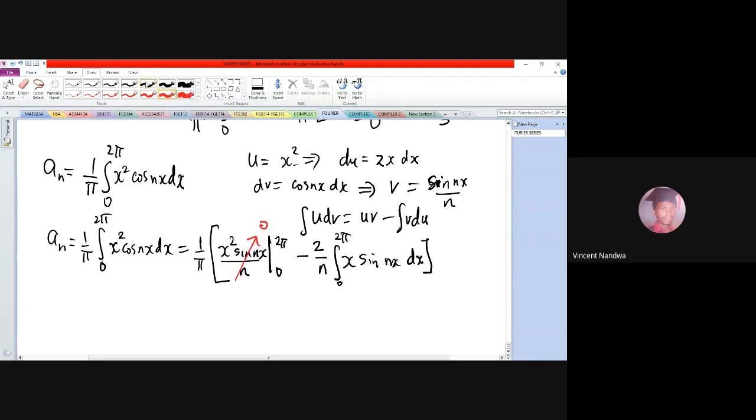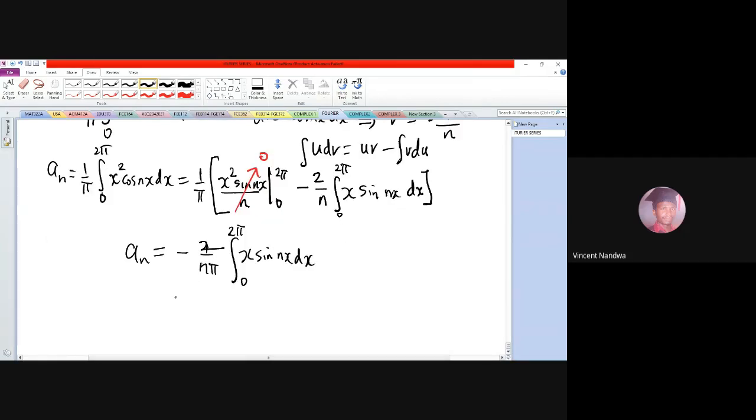So we have minus 2 over n pi integral from 0 to 2 pi of x sine nx dx, because this is the part that remains, and then we multiply by the factor 1 over pi.